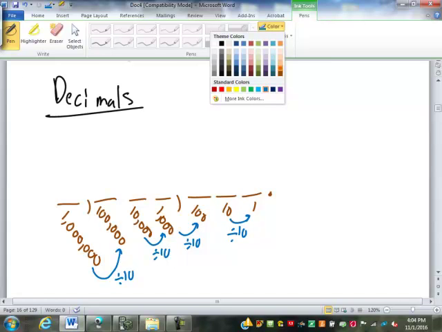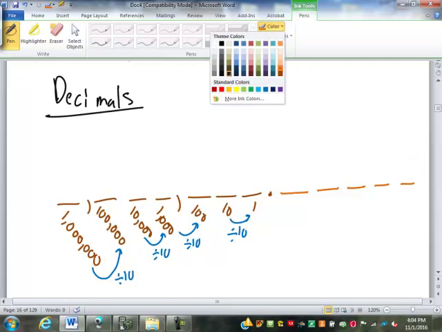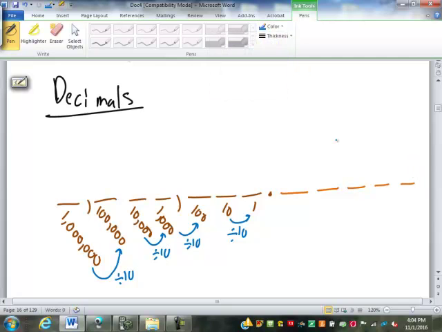So if we keep going with our place values here, that pattern has to continue. 1 divided by 10 is going to give us 1/10. 1/10 divided by 10 is 1/100th. 1/1000th. 1/10,000th, and so on.